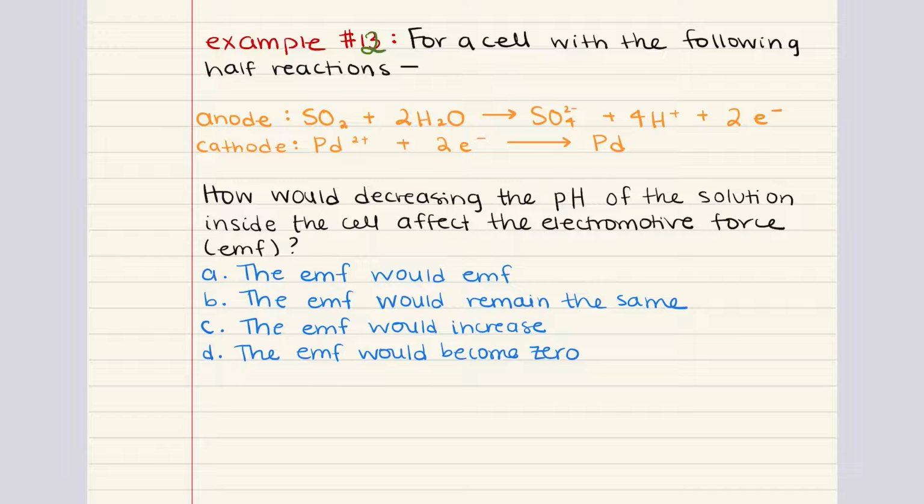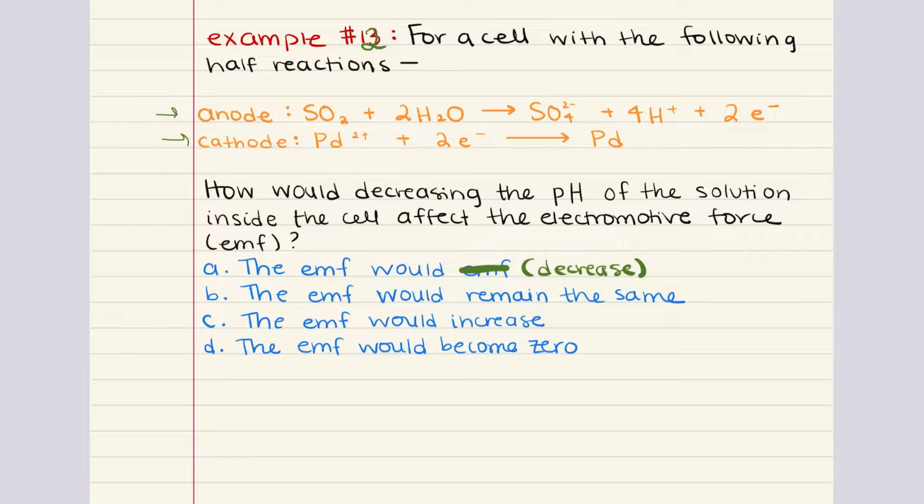This problem says, for a cell with the following half reactions, and here we have the anode and the cathode reactions, how would decreasing the pH of the solution inside the cell affect the electromotive force? A change in pH has a direct correlation to the hydrogen ion concentration.